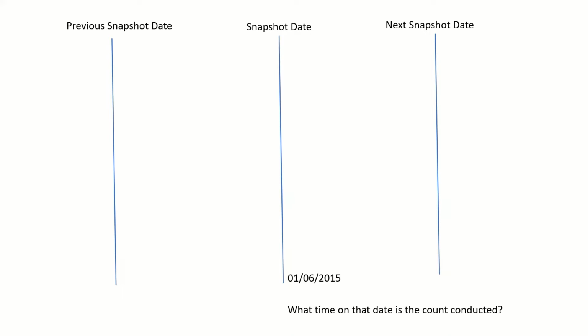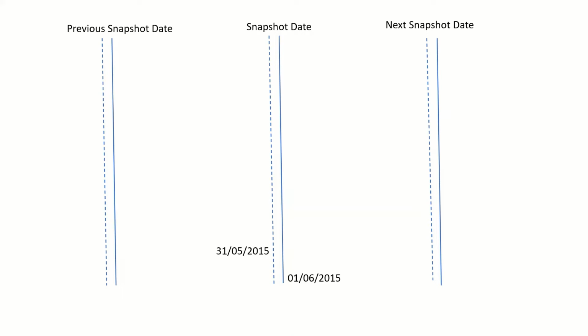The only other thing I would mention is that you've got a choice as to whether to do the count on the snapshot date, which means you're counting the number of supporters at the end of that date, or what I prefer to do is to do the count on the day prior to the snapshot date, which means that what you're really doing is saying I've got 100 active supporters going into my snapshot date.